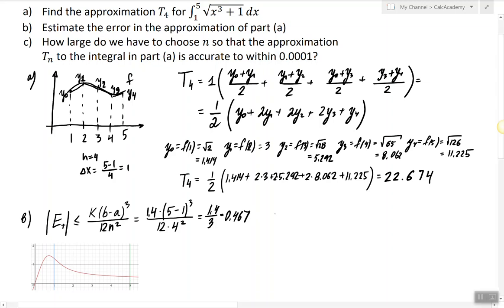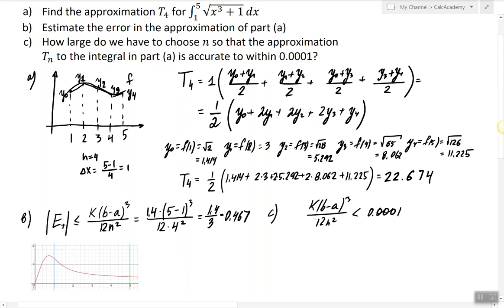So now the next question is, what if we want to improve the accuracy and want it to be accurate to within 0.0001? That means we want to find n such that this expression is less than this desired accuracy level.